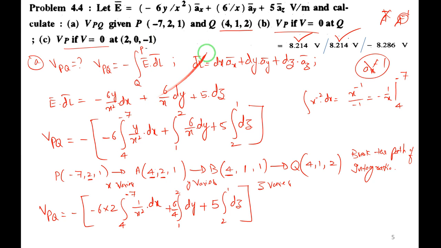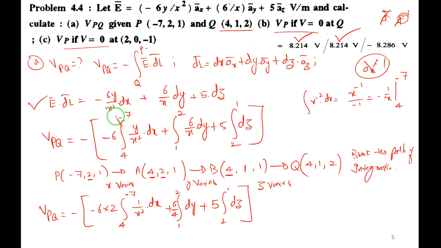Minus integration of E dot dl. Initial position is A and final position is P. Just this should be correct. So what is E and what is dl? E dot dl we have already found out. Let me rewrite it here once again.